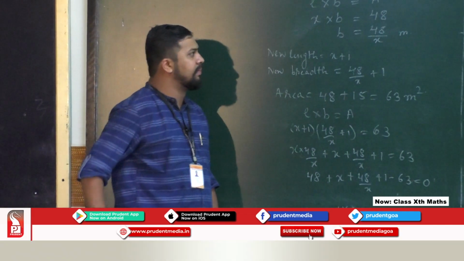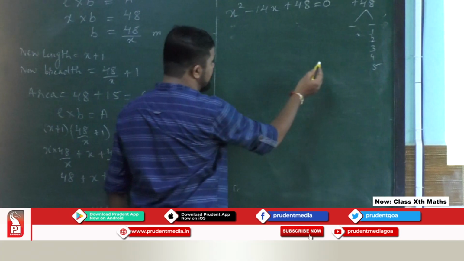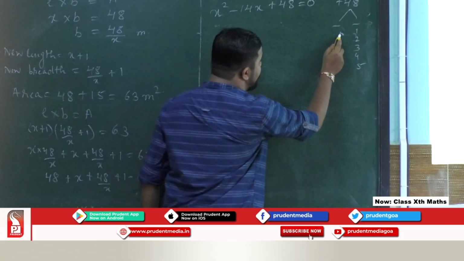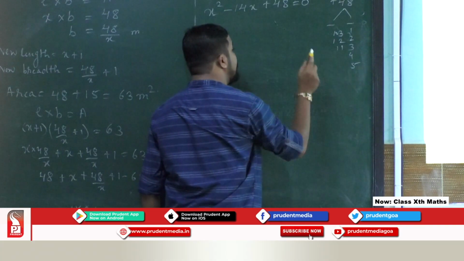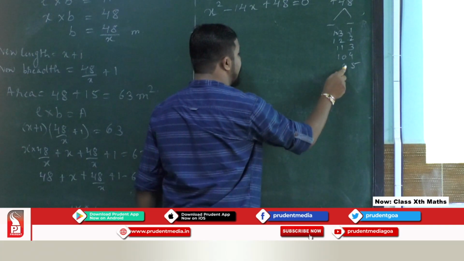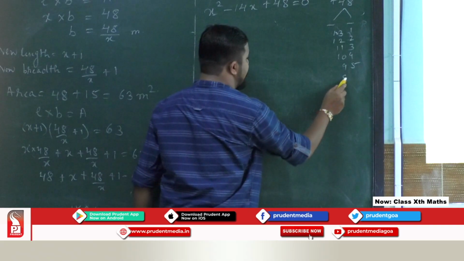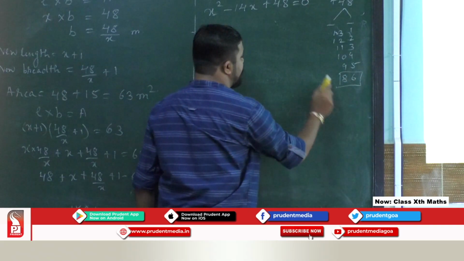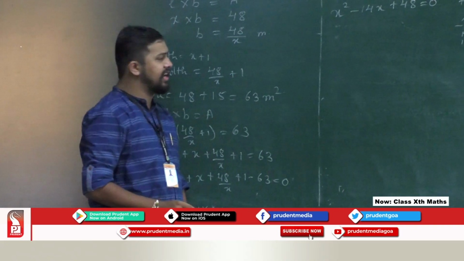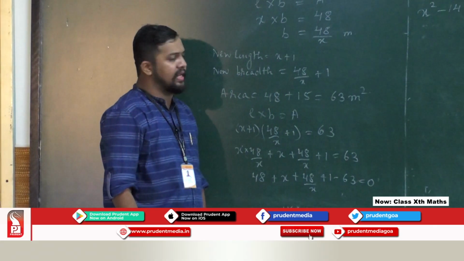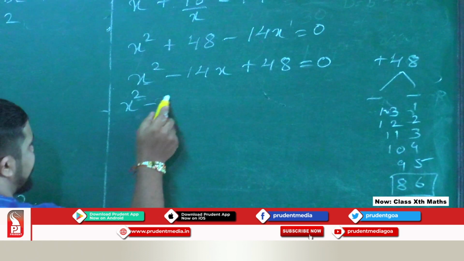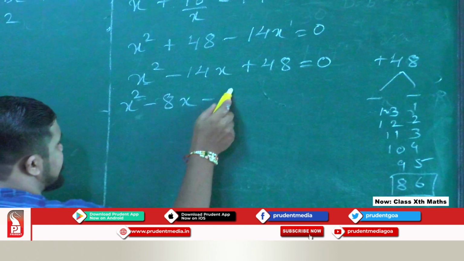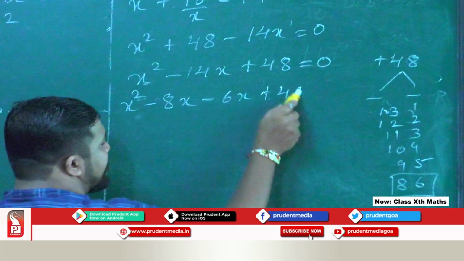So let us decrease the number. 14, 13, 12, 11, 10, 9, 8, 6. 8 times 6 is 48, minus 8, minus 6, minus 14. So x square minus 8x minus 6x plus 48.